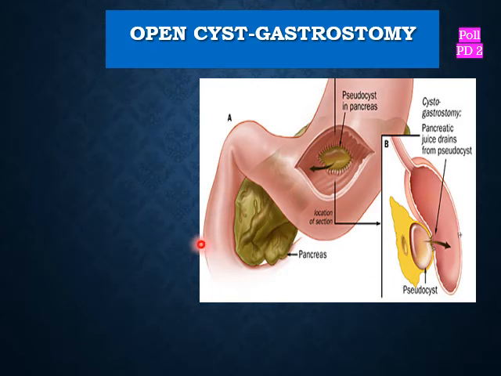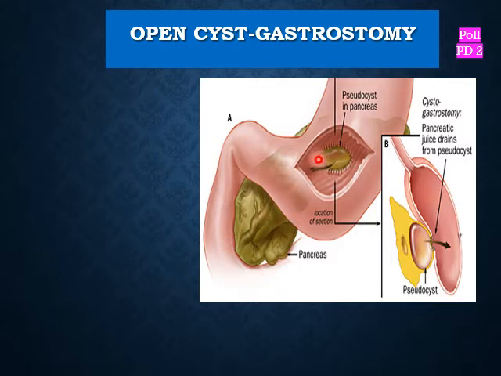Okay. This picture shows you an open cystgastrostomy. Okay, now this is the stomach and this is a cyst in the pancreas here. So you go in, open the stomach and create a fistula between the posterior wall of the stomach and the cyst. And this is known as cystgastrostomy. By doing so, the contents of the cyst are drained into the stomach, and from where it can be either aspirated upwards through the nasogastric tube, or most of it goes down into the intestine.